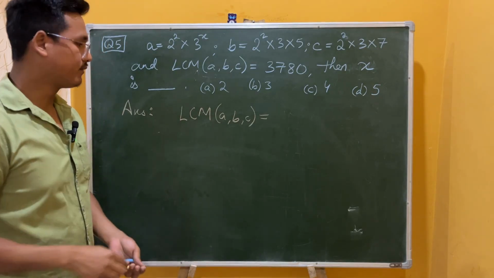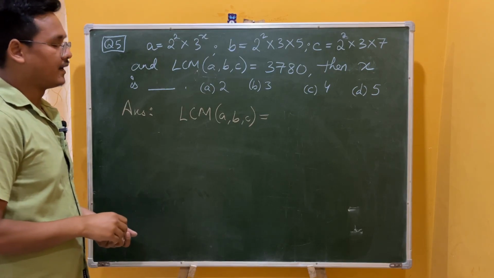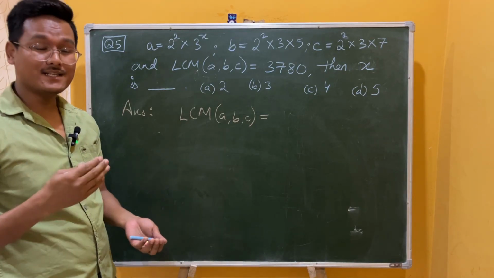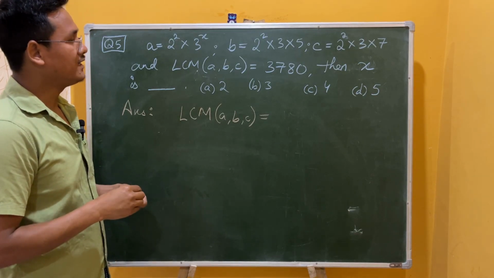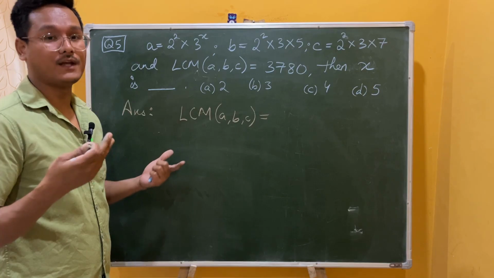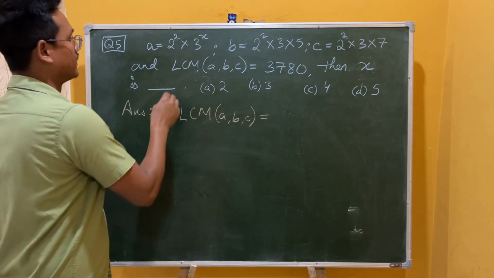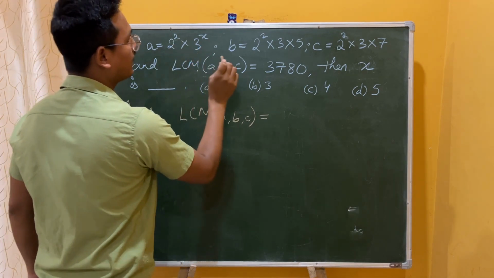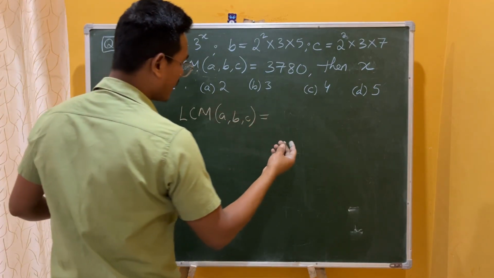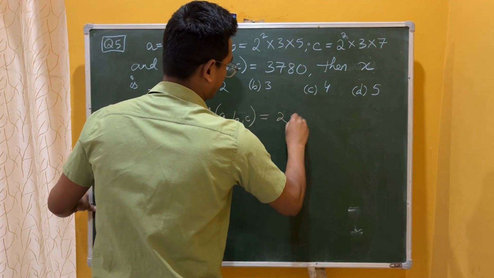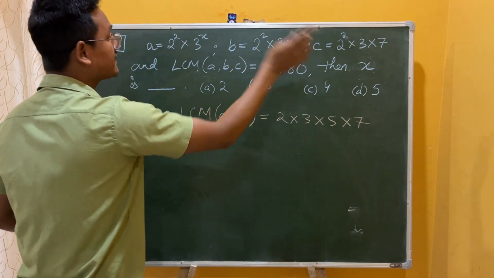You know what is the LCM of two or more numbers? It is the product of the greatest powers of each prime factor involved in the numbers. So, how many prime factors are there? There is 2, 3, 5, and 7, right? So, their product with the highest power.